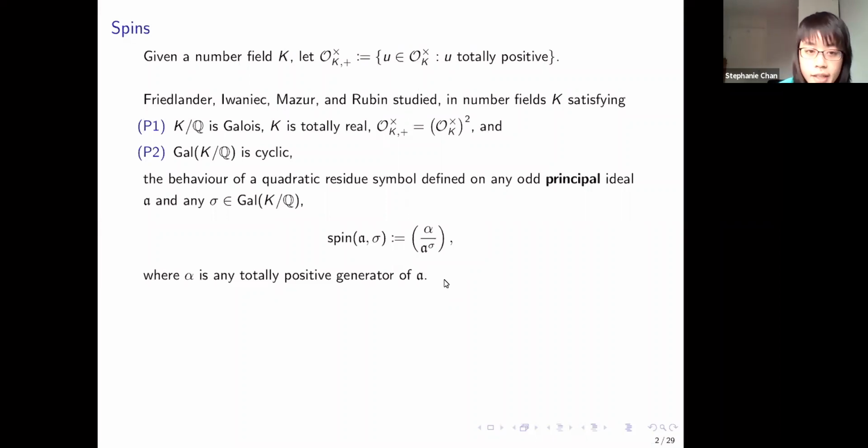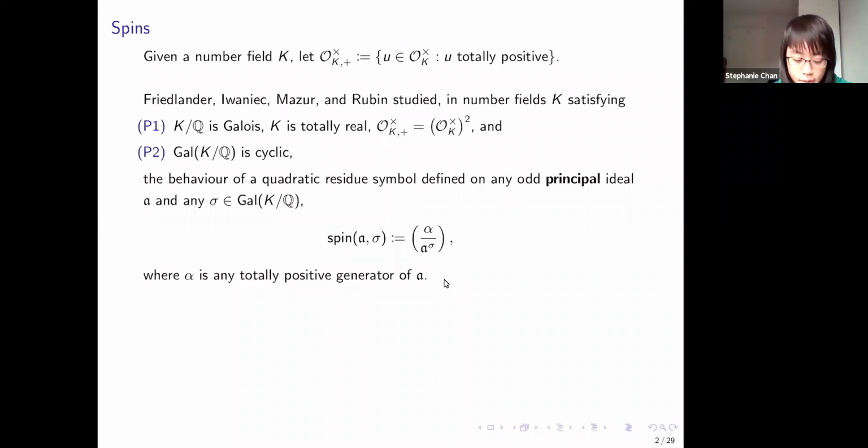The first condition is that the extension K over Q is Galois, K is totally real, and all the totally positive units are squares. The second condition is that the Galois group is a cyclic Galois group.